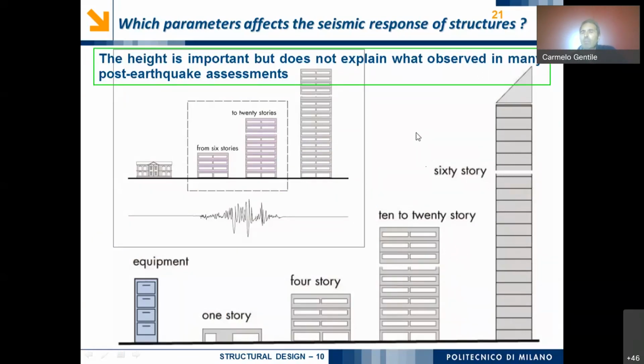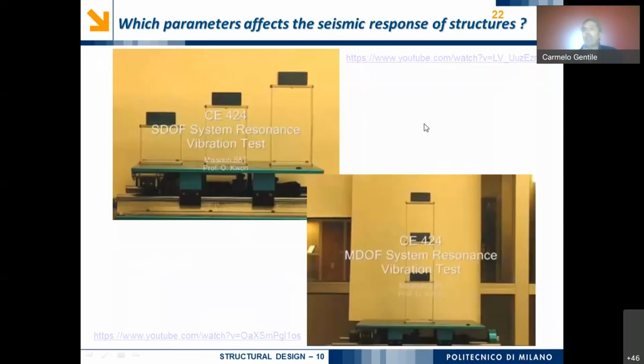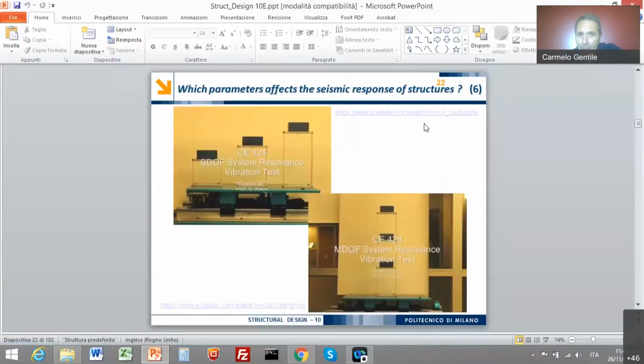So an interesting aspect is, of course, that the height is important, but it doesn't explain what is observed in many post-earthquake assessments. So it is not only the height, but also the structural behavior of the building in terms of mass and of stiffness. And in fact, I would like to show you some qualitative results now.